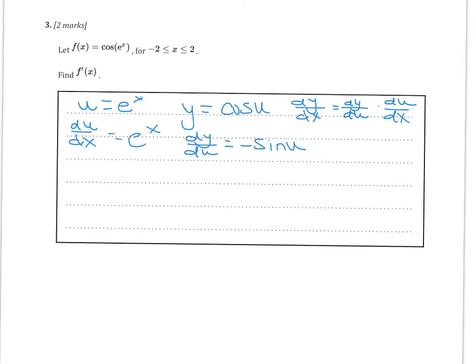And then we substitute on into that formula. So dy/du is negative sine of u, and du/dx is e to the x. And we just have to make sure we don't leave u as a part of that.